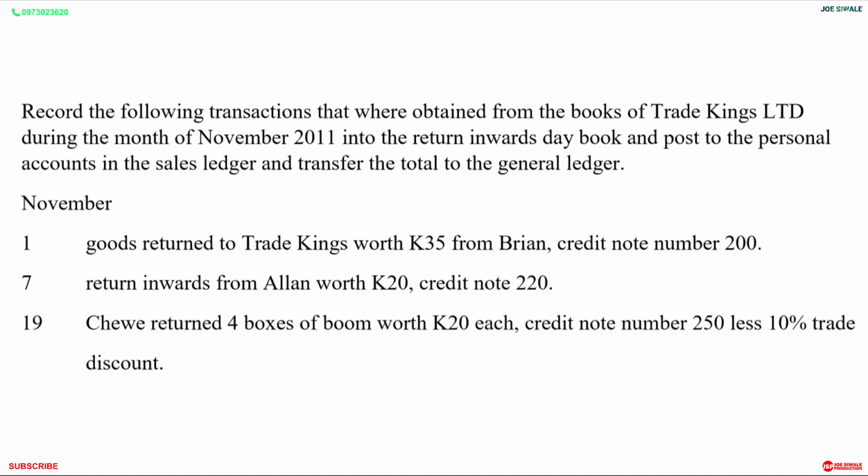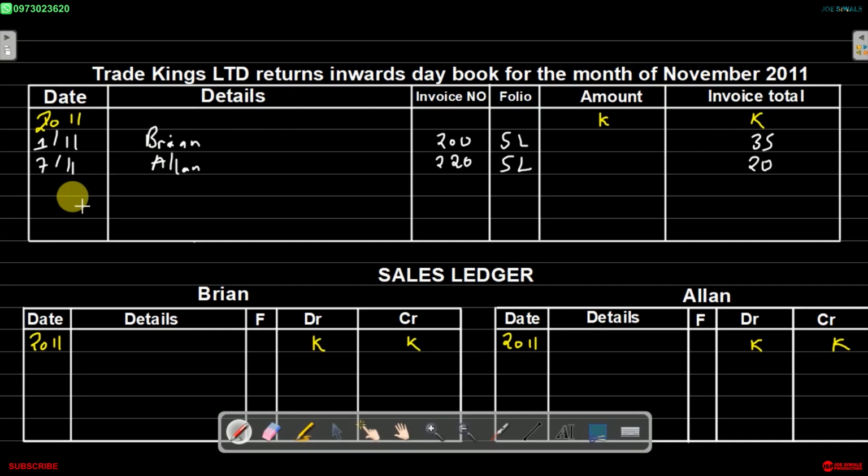On the 19th of November, Chewe returned 4 boxes of boom worth 20 kwacha each, credit number 250, less 10% trade discount. So we're going to say on the 19th of November, we're going to say Chewe.